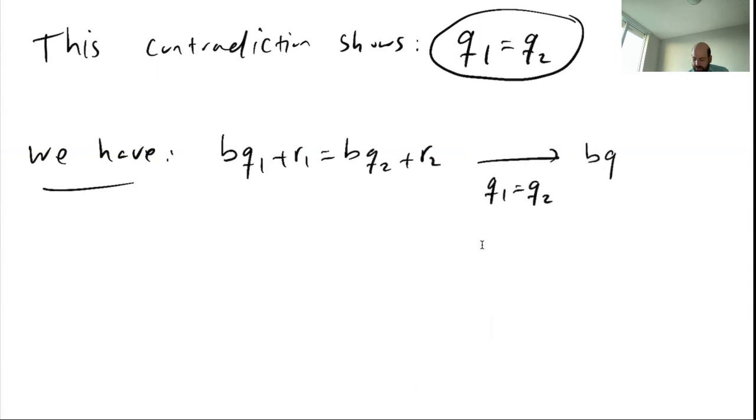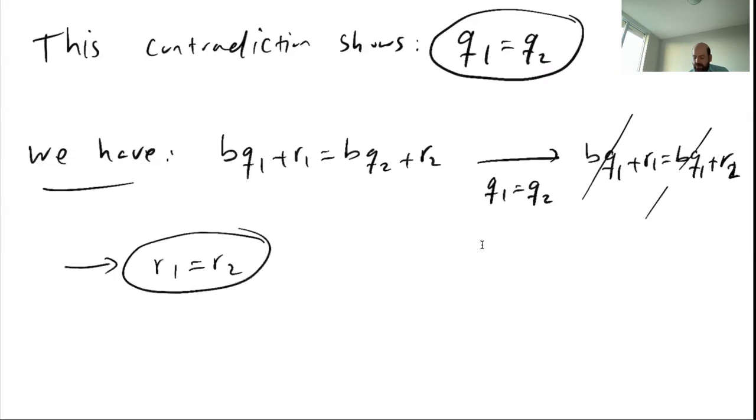So that means BQ1 plus R1 equals BQ1 plus R2. This BQ1 cancels from both sides, and I'll get R1 equals R2. So I showed that Q1 equals Q2 and R1 equals R2, which proves the uniqueness.